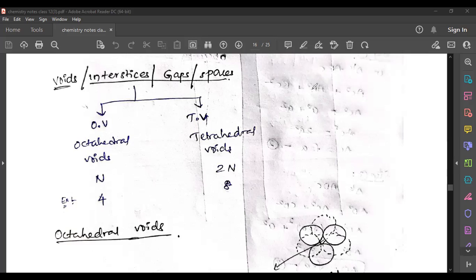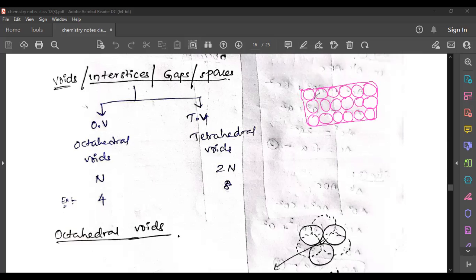Suppose you have taken some particular atoms like this. When you take a solid like this, whatever empty space forms between the atoms in the given solid is called a void, right?